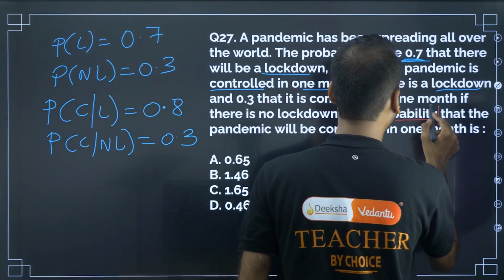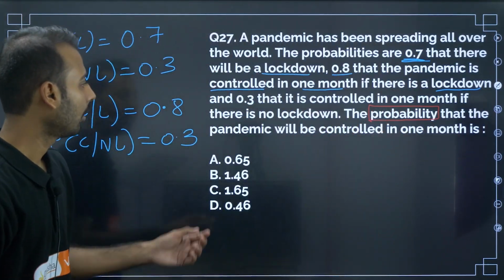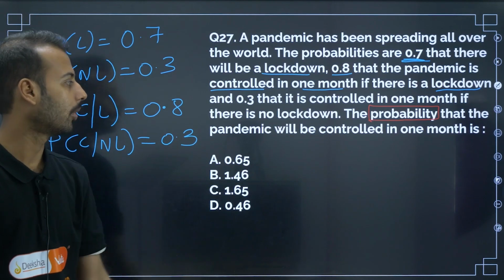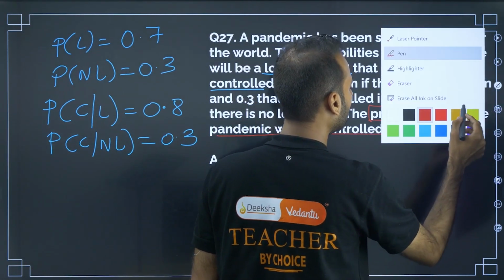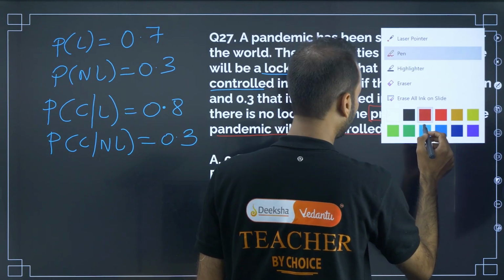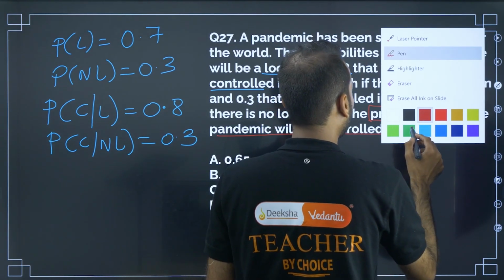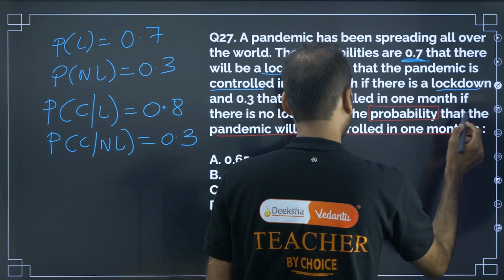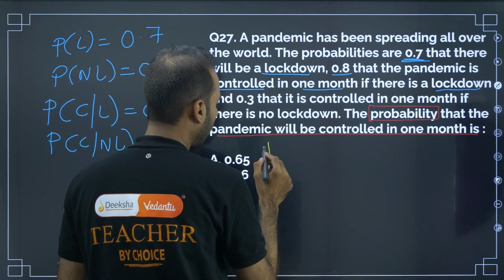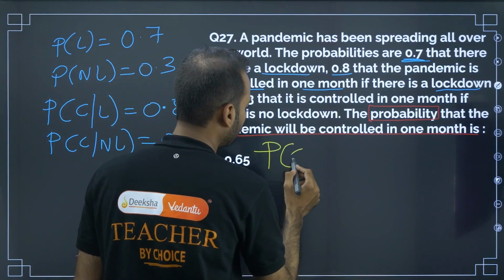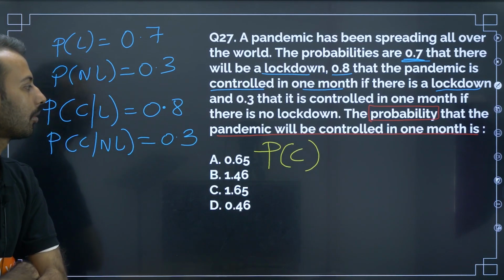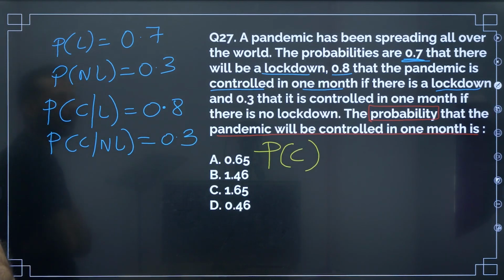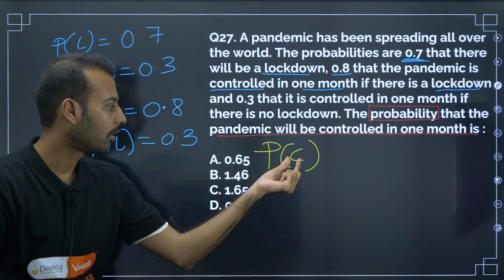The probability that the pandemic will be controlled in 1 month. So what is the question? The question is the probability that the pandemic will be controlled in 1 month. So probability of controlled in 1 month.